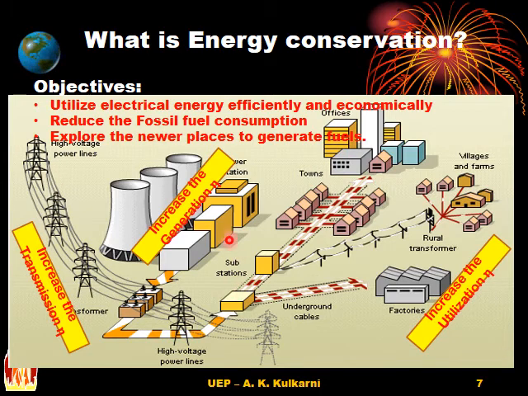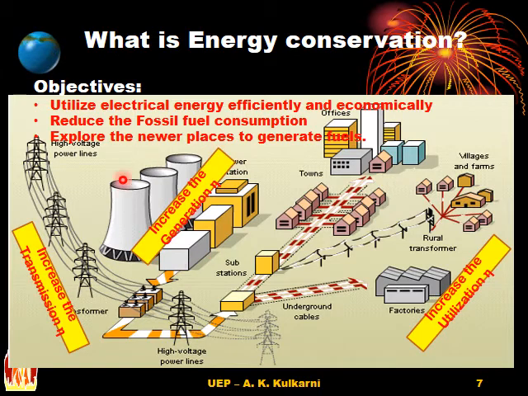In this way, we can increase the generation efficiency, the transmission efficiency, and the utilization efficiency. It all depends upon what kind of input we are going to use in our conversion. Is it clear? For fossil fuels, the losses associated are much larger as compared to other kinds of fuels.